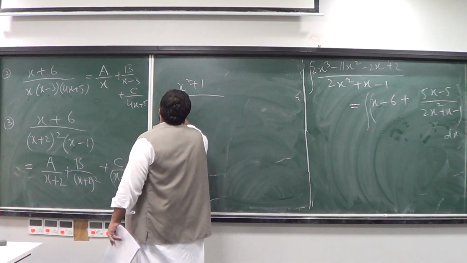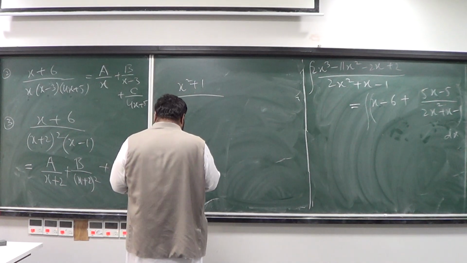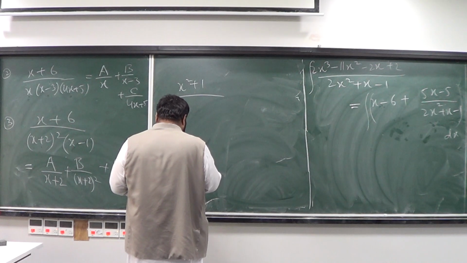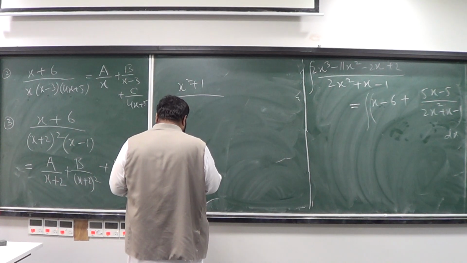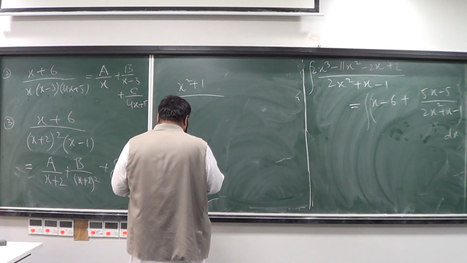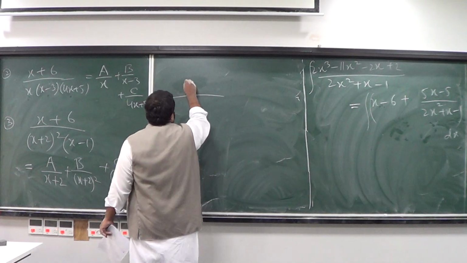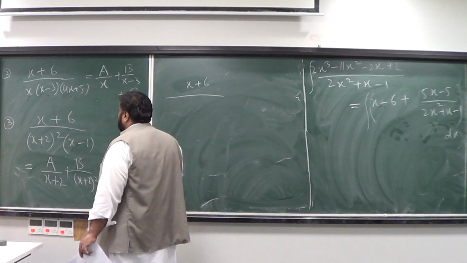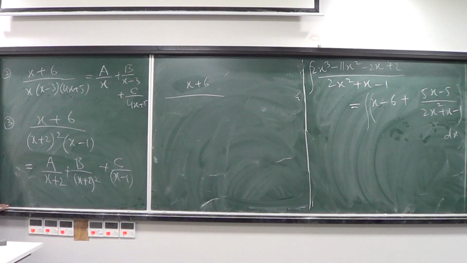So imagine you have x plus 6 divided by, for example, so what you have so far are just linear terms.